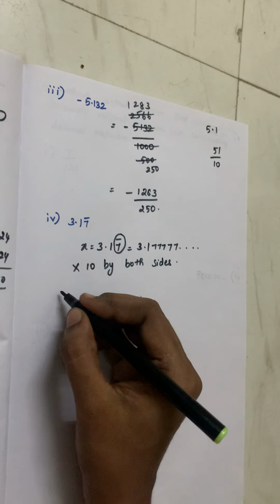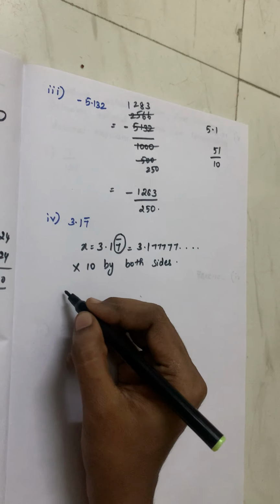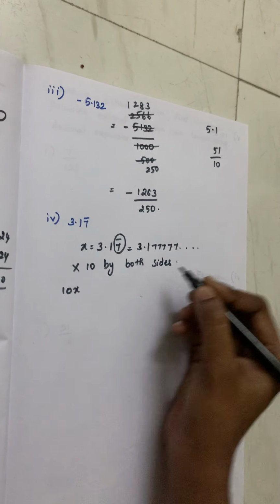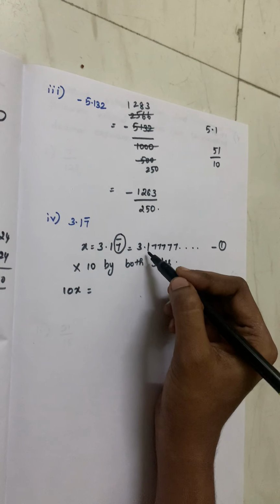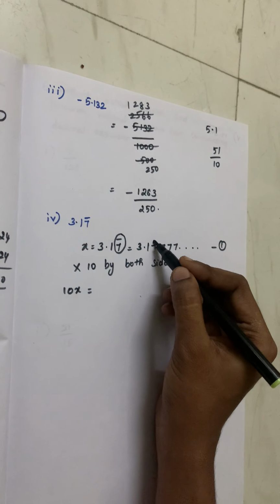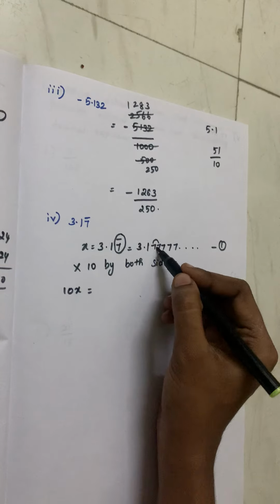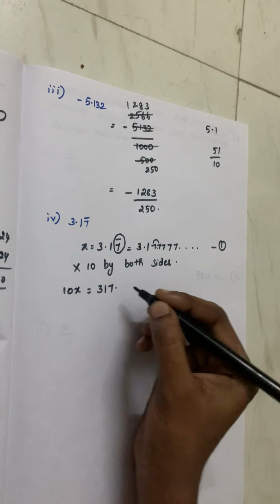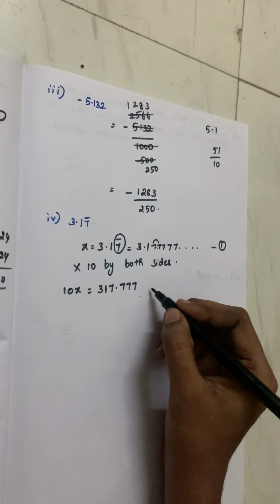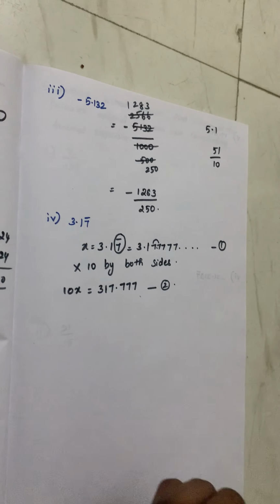Okay, so put 10x, take this as the first equation. 10x is equal to, only one number, so after this you can put the point here. So 31.777, take this as equation 2.